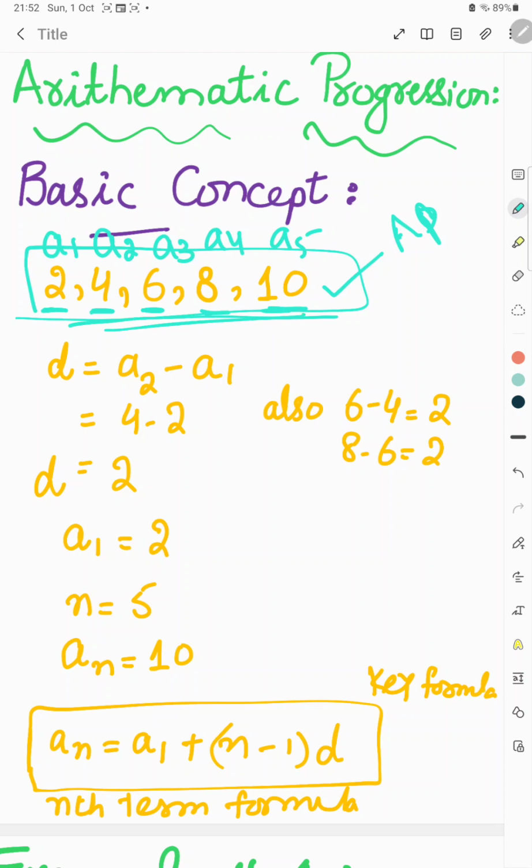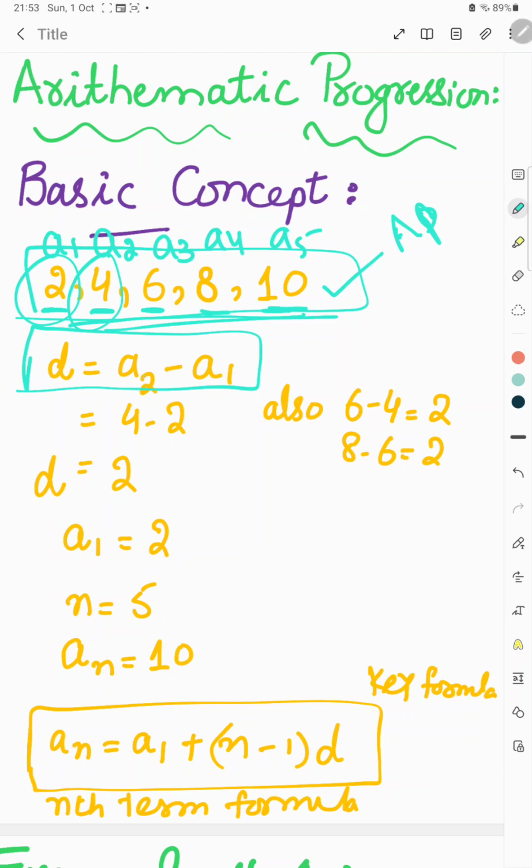Now how will we find the difference in the arithmetic progression? The method is, you have to take the first term and subtract it from the second term. For this we will take the help of a little formula, which is D is equal to A2 minus A1. That is, we have to subtract the first term from the second term.